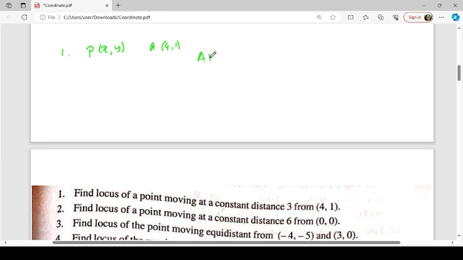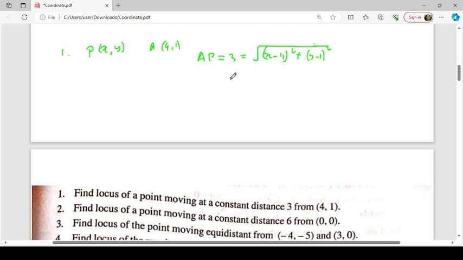The distance formula gives the square root of (x minus 4) whole square plus (y minus 1) whole square.